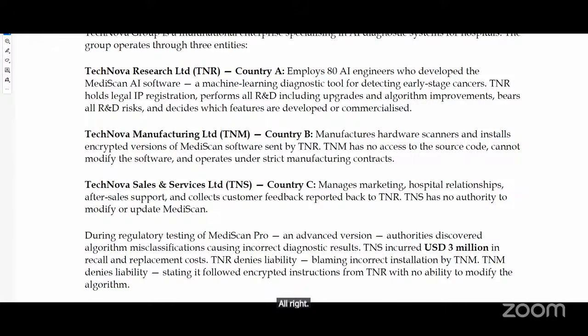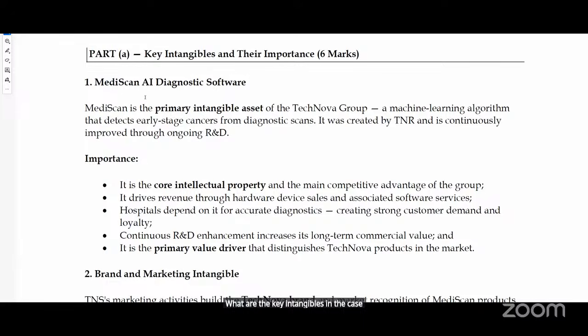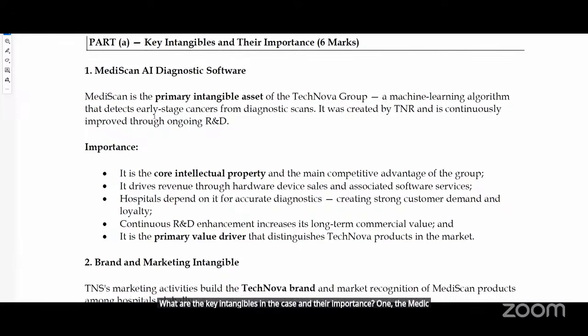Okay, so what are the key intangibles in the case and their importance? One, the MedicScan AI diagnostic software. It was the primary intangible asset of the Technova group, a machine learning algorithm that detects early stage cancers from diagnostic scans. We saw it in the case, right? It was created by TNR and is continuously improved through ongoing R&D.